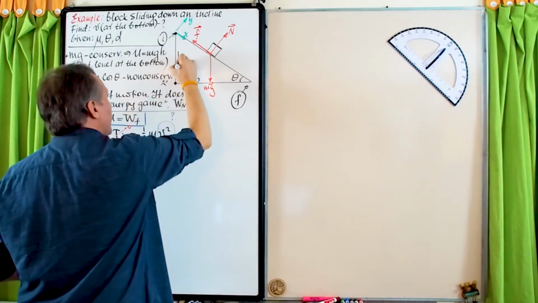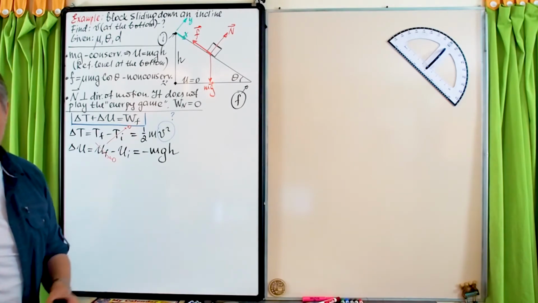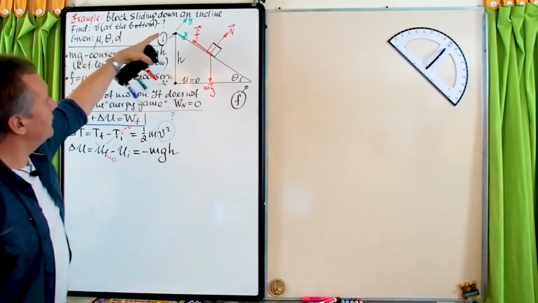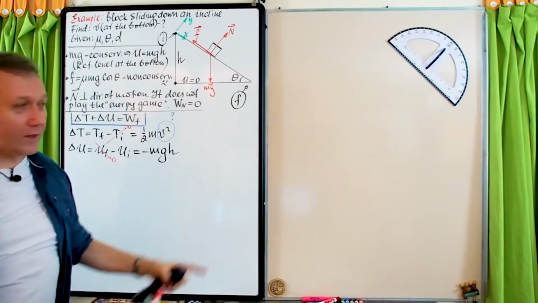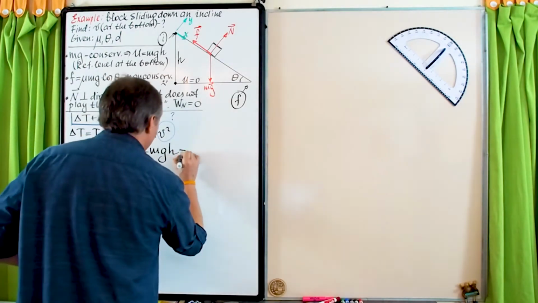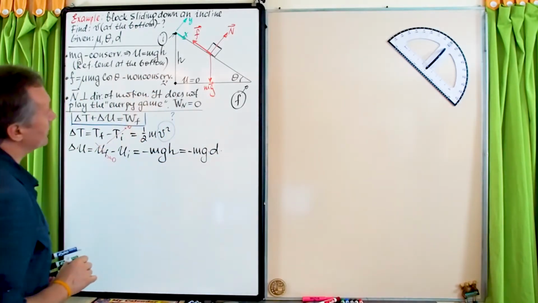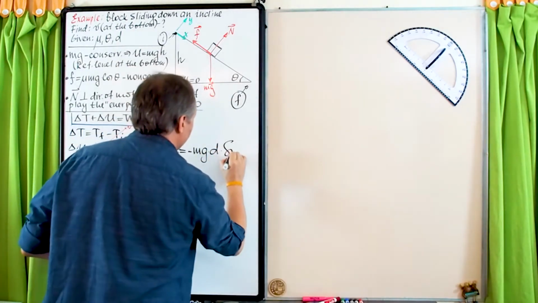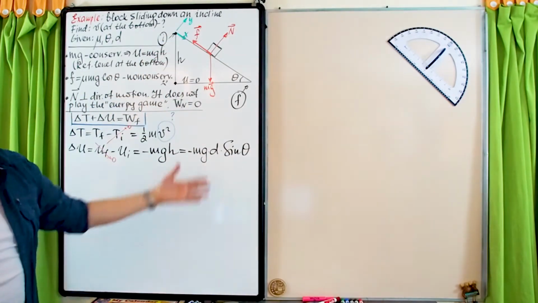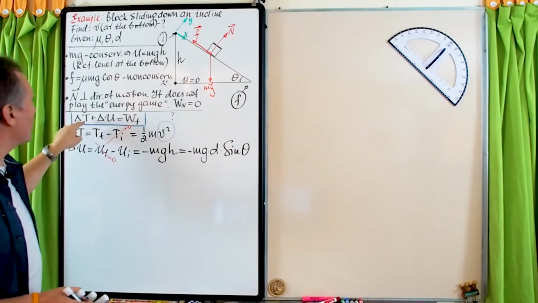Of course, h is not given, but for a second, let me introduce it. And of course, h can be written in terms of what? d is given, the total length of the incline, and the angle of inclination is given. So we can easily write that as minus mg d times sine of that angle, since we want to find the side opposite to the given angle. Okay, this is done.